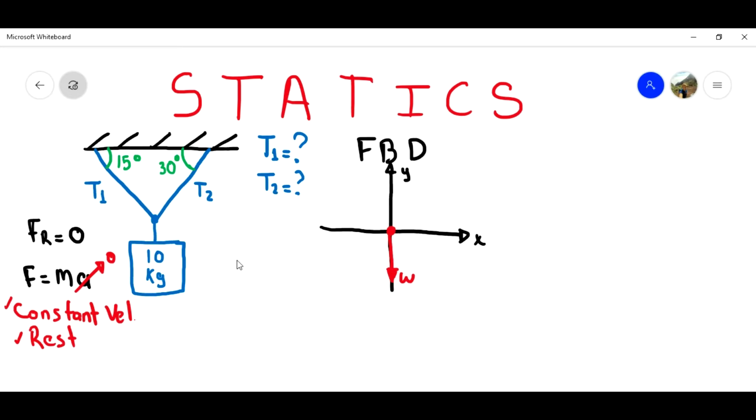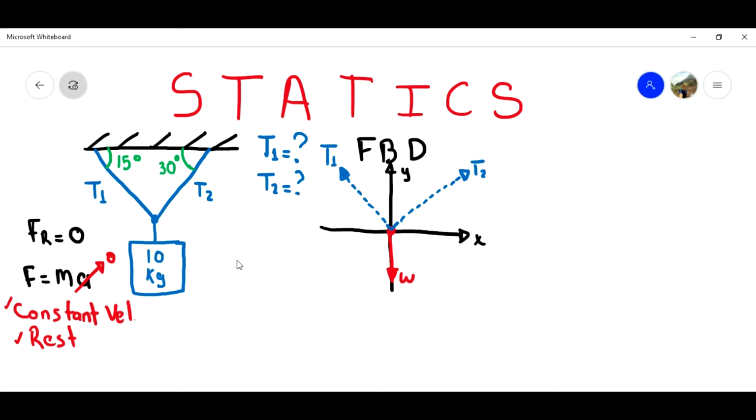Now I'm going to represent the tensions. I'm going to have this tension over here, that is tension 2, and another tension over here, that is tension 1.